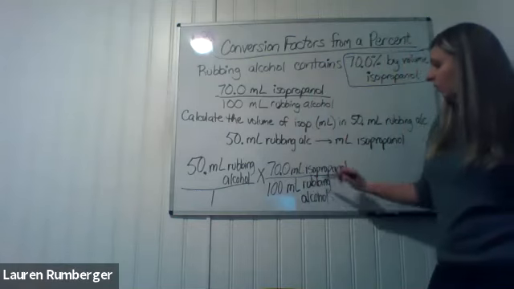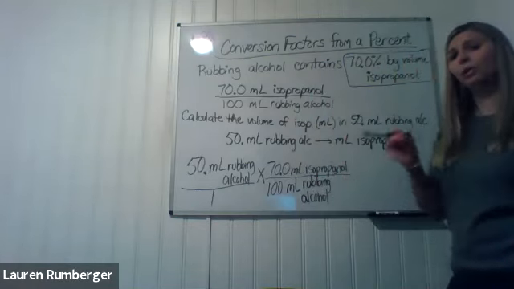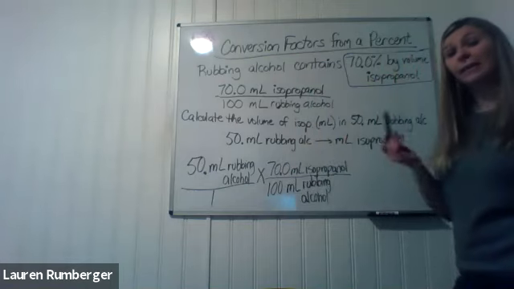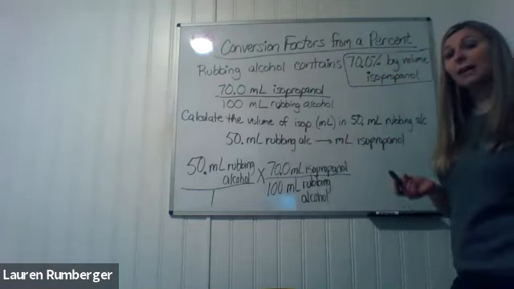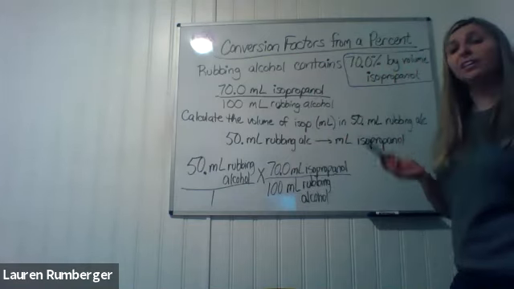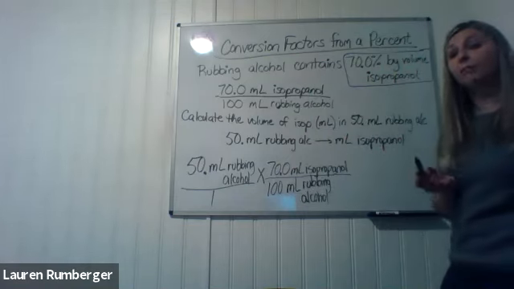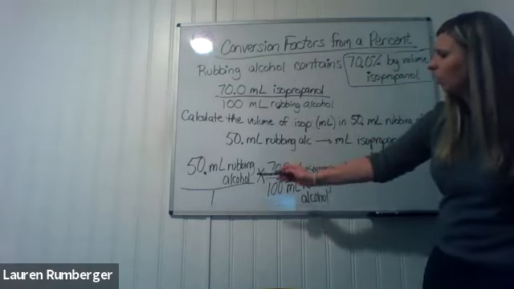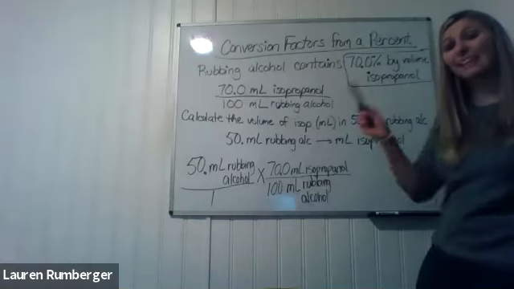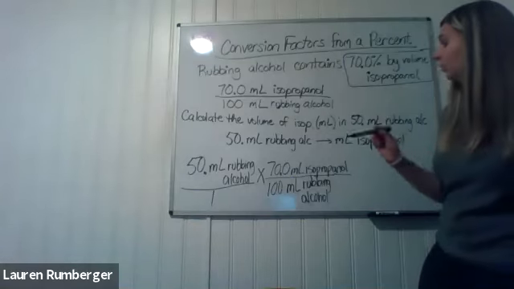So the rubbing alcohol and the isopropanol are part of the units. That's why I am writing it down in the conversion factor, because it's keeping track of what it is that we are converting. We're converting from volume of the rubbing alcohol to the amount of volume of the isopropanol within the rubbing alcohol.